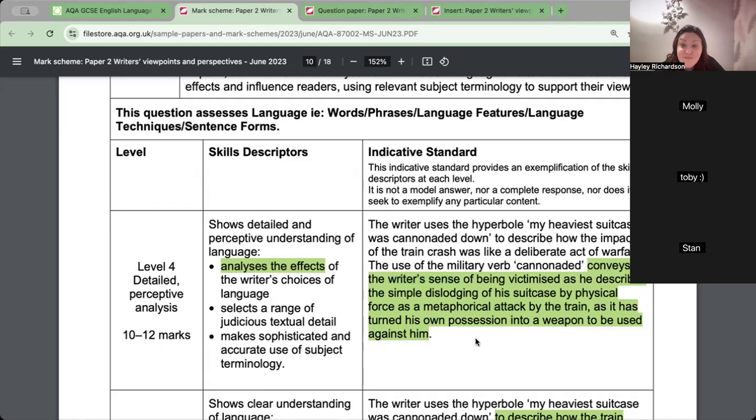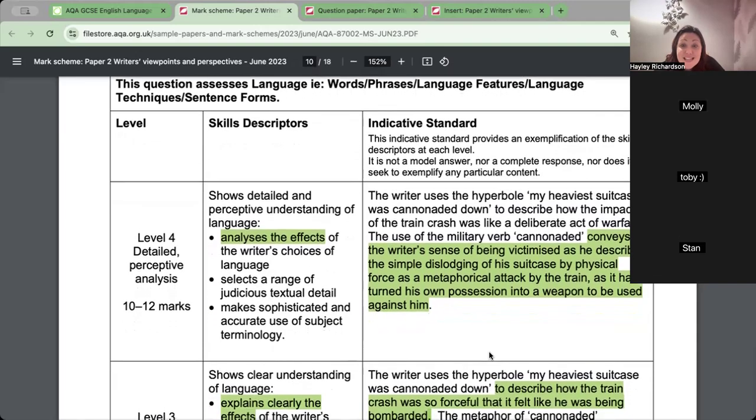So that's excellent. The use of the military verb cannonaded conveys the writer's sense of being victimized as he describes the simple dislodging of his suitcase by physical force as a metaphorical attack by the train, as it has turned his own possession into a weapon to be used against him.